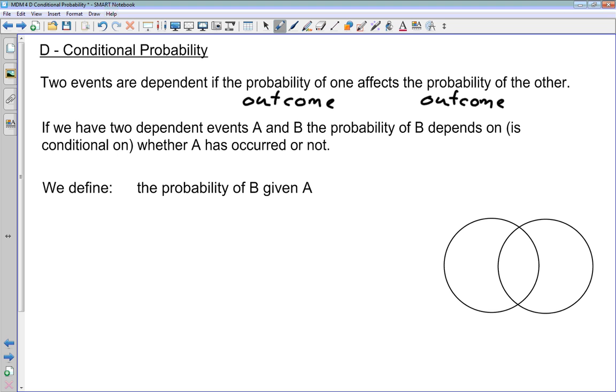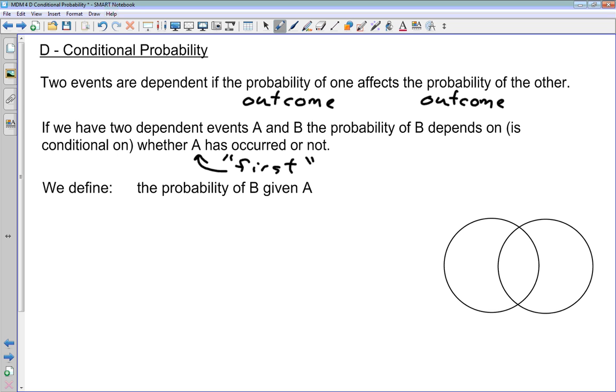And in what follows here, we can often think of A as being sort of the first event that occurs. Okay? So A happens and then B occurs. So B is always depending on A and not the other way around. So what we are interested in is the probability of B given A, or the probability of B if we know that event A has already occurred.